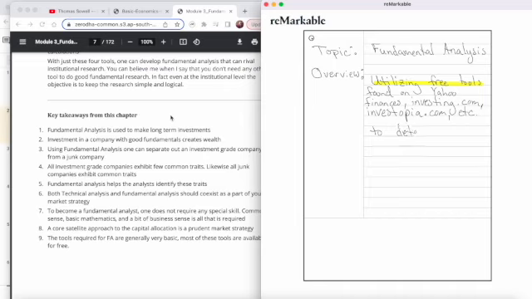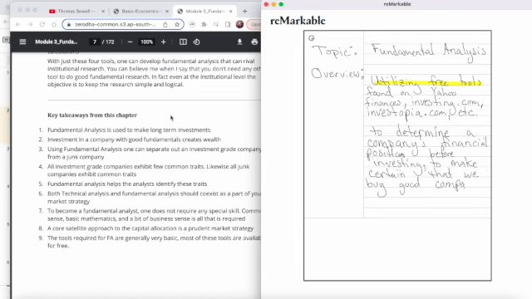to determine a company's financial position before investing, to make certain that we buy good companies with good financial health.